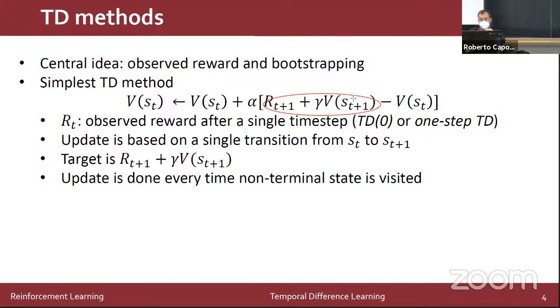In the Monte Carlo case, if we expanded G in terms of rewards, it would have been the reward plus gamma multiplied by G. So we are replacing G with V now.